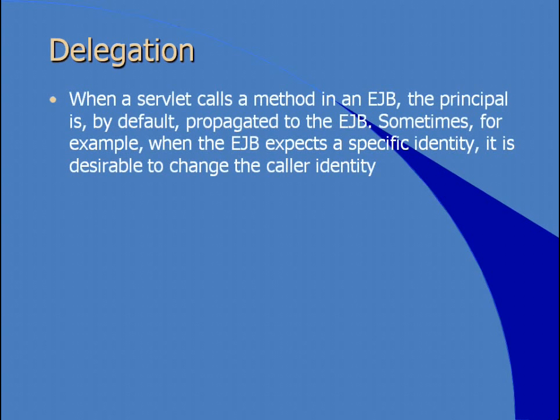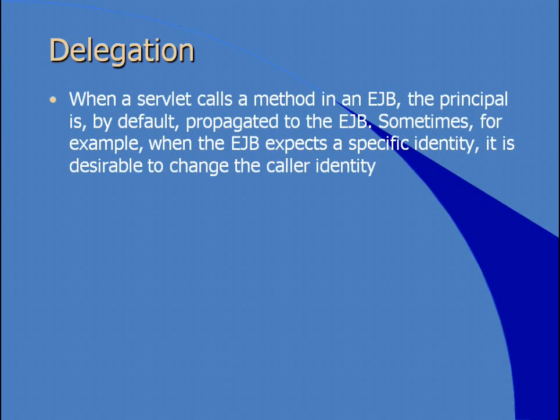Now, delegation is an important concept for servlet and JSP developers to understand. When a servlet calls on an EJB, an enterprise Java bean is what EJB stands for, the security is handled a little differently. The servlet does not actually make the method call.